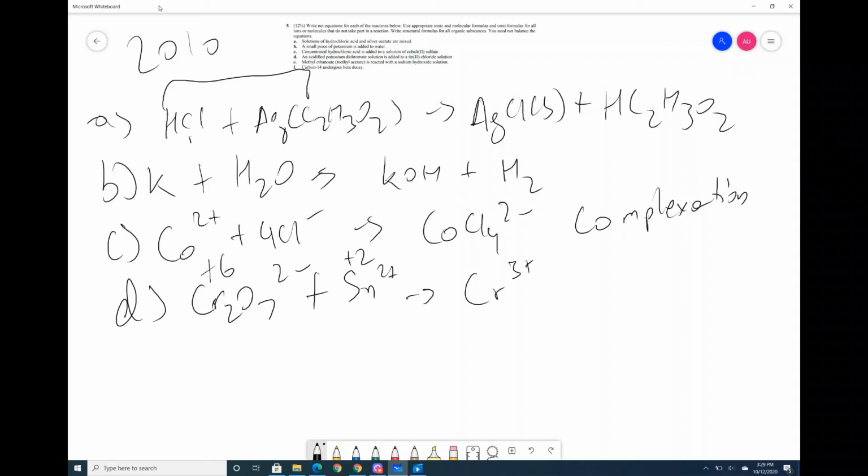Then tin can have oxidation states of 0, plus 2, and plus 4, and this will get oxidized into plus 4. We'll have Sn4+. And this is an acidified solution. And you account for the oxygens in water, this will just form H2O.